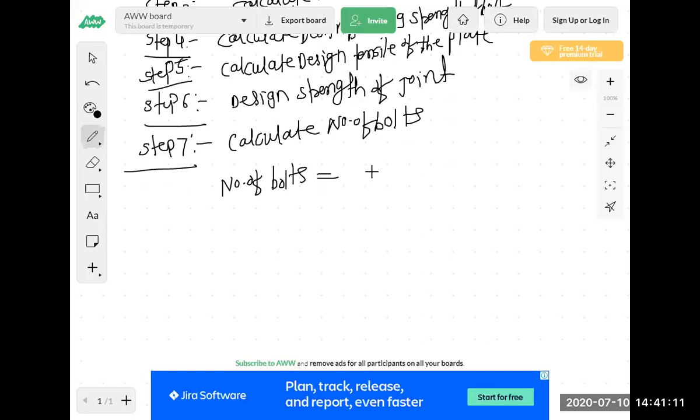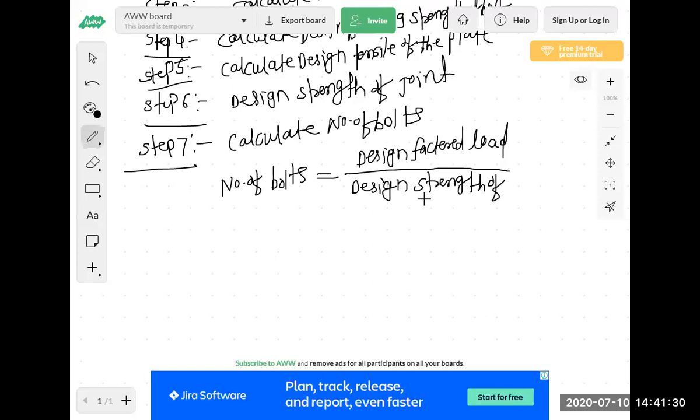So number of bolts is equal to design factored load divided by design strength of the joint.